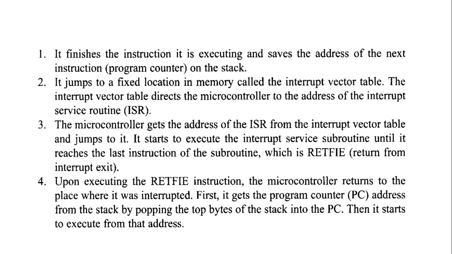Whatever task the microcontroller is doing, when the interrupt occurs, it stores the address of the next instruction into the stack by using push. Then it jumps to a fixed location in memory called the interrupt vector table. It's already assigned. The interrupt vector table directs the microcontroller to the address of the interrupt service routine. On that address it will indicate where your ISR routine is written.